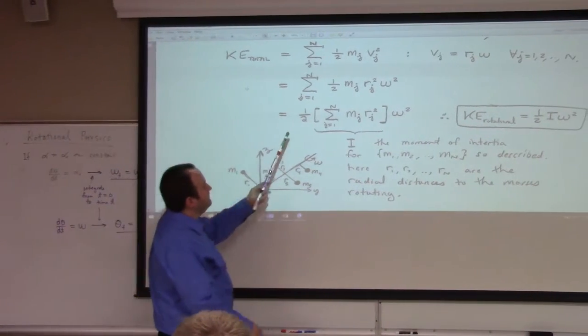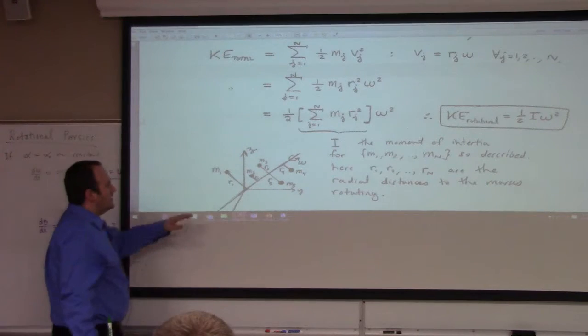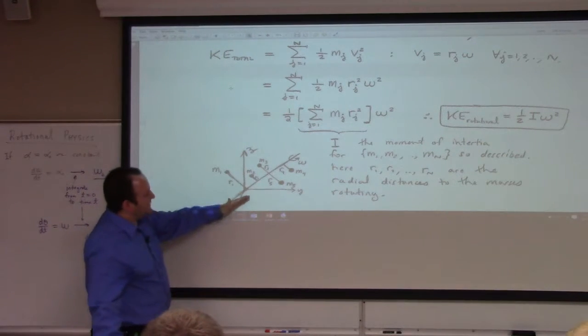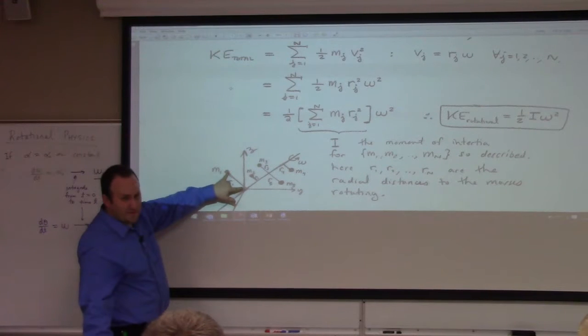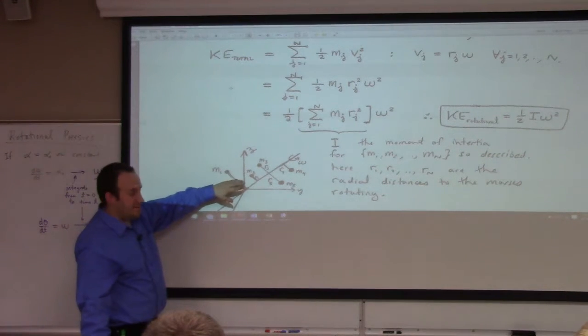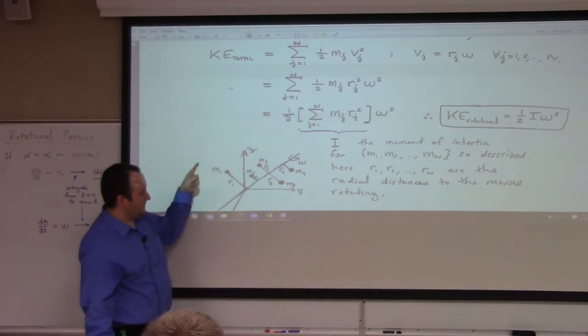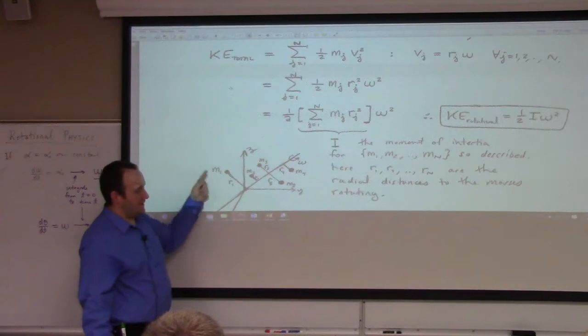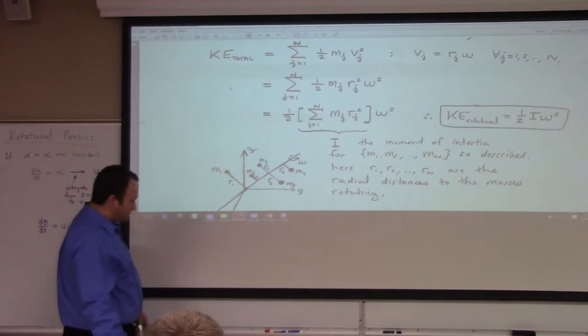Well, all of the speed for each one of these masses is just in terms of its radial distance from its axis. It has no velocity in the radial direction. It's all wrapped up in the spinning, rotational direction.